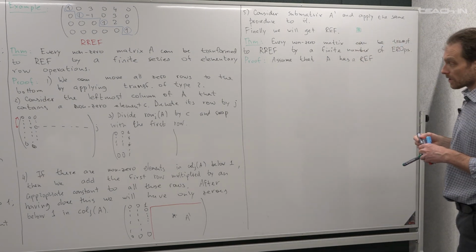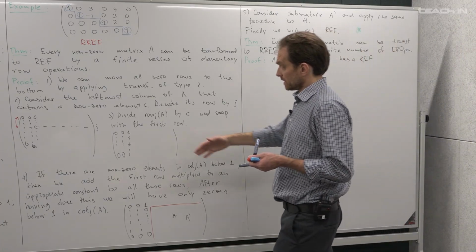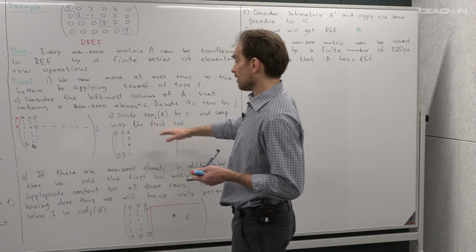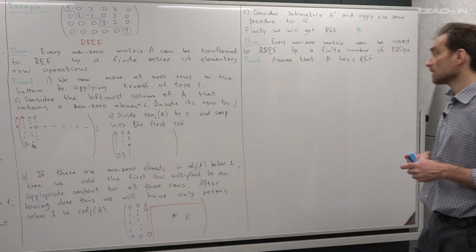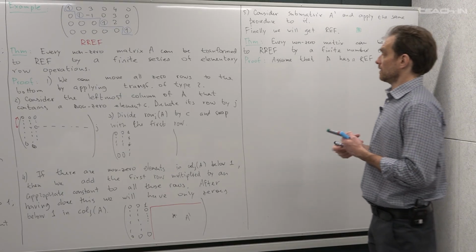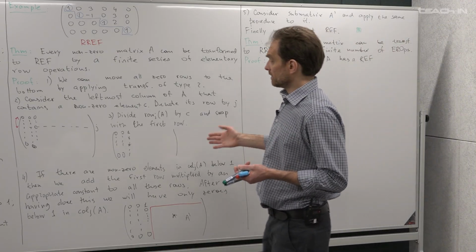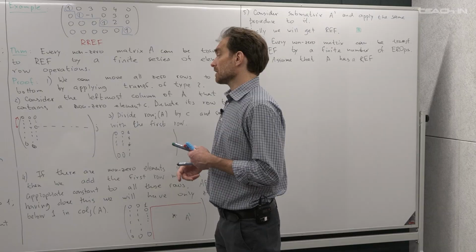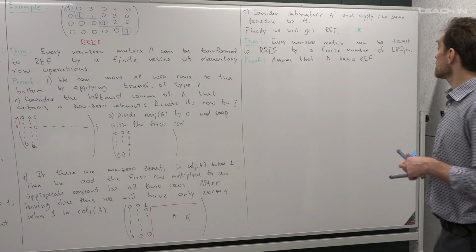And moreover, if we look at the proof, then just as a benefit, we have ones as leading elements in all the columns except maybe for the last one. But anyway, if some leading element is not 1, we can divide this row by an appropriate constant, and so we get the second property of the definition satisfied.